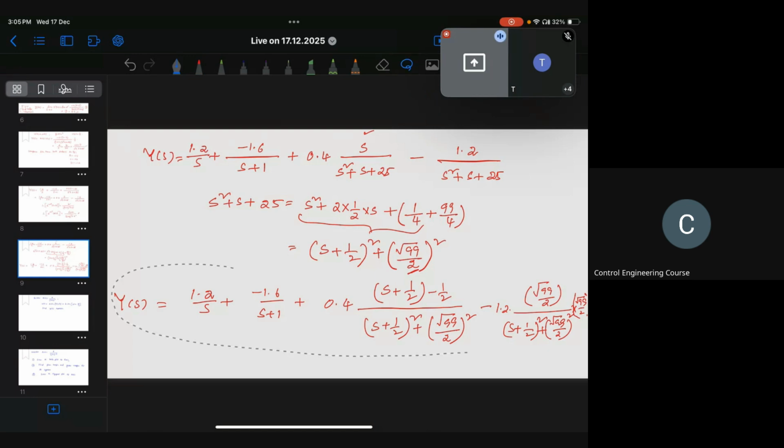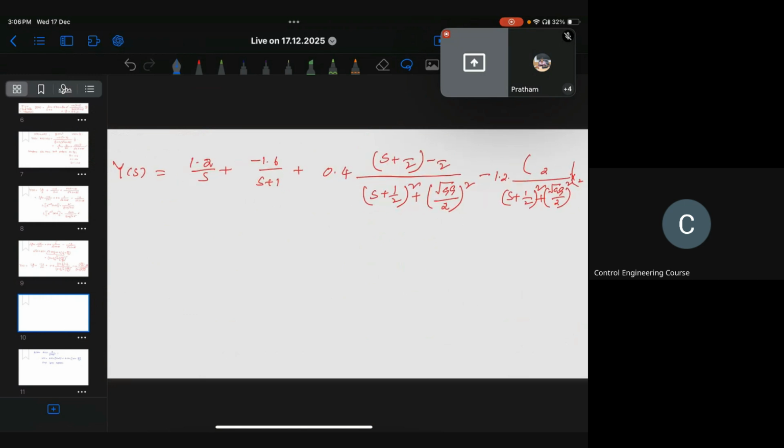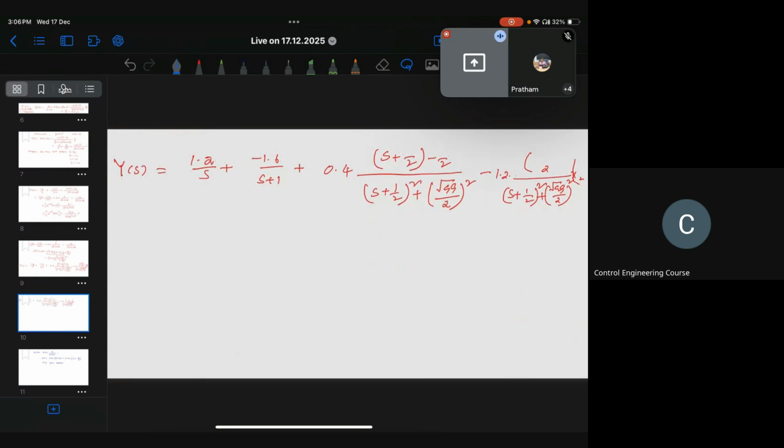So we'll write the final time domain step. Here this is 99 by 2, root 99 by 2 we should have.